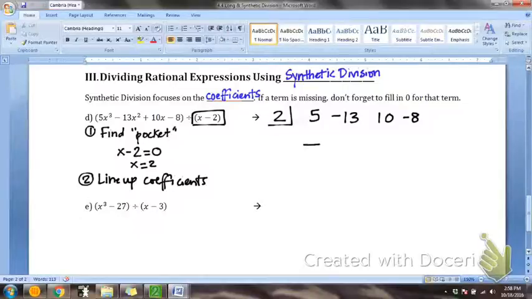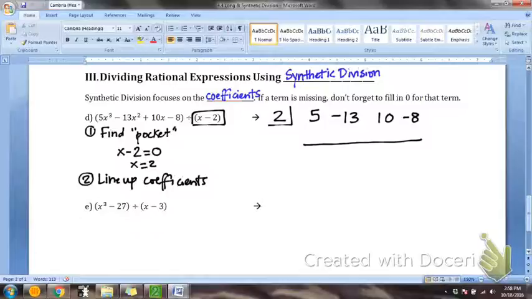Leave a little bit of a space and draw a line underneath it. This is probably brand new to most of you, so just watch how this process goes and you'll be able to pick it up.